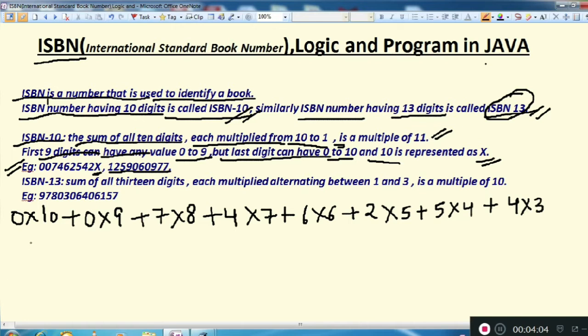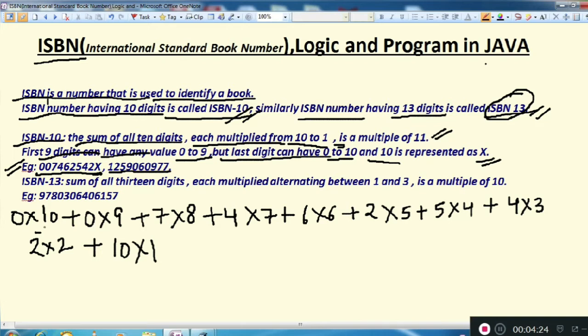After that 2 multiplied by 2, plus the last digit is X. So we will treat X as 10, 10 multiplied by 1.